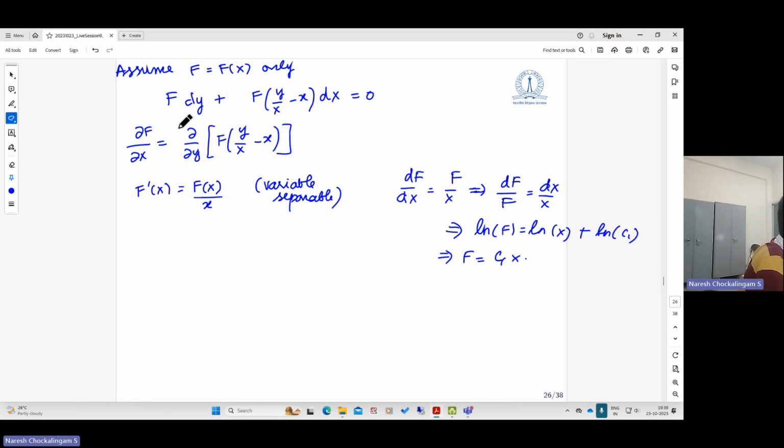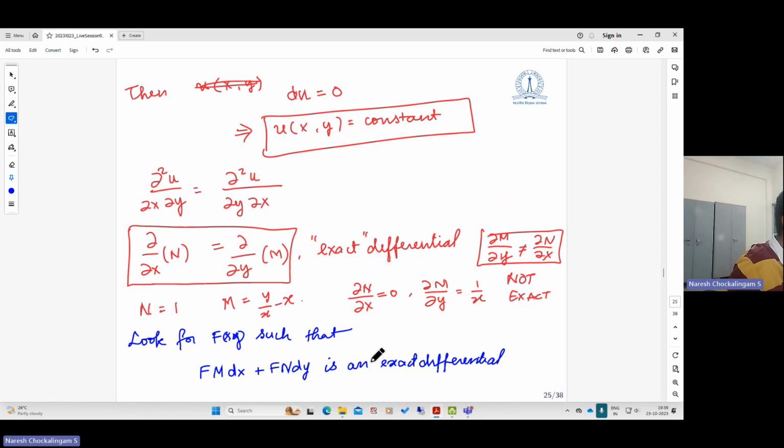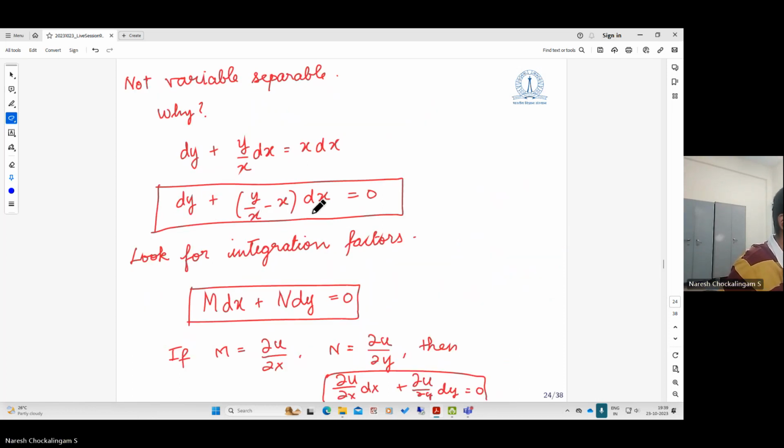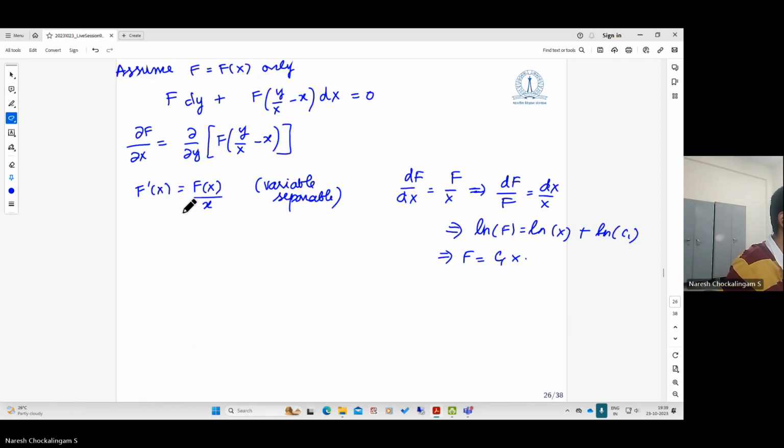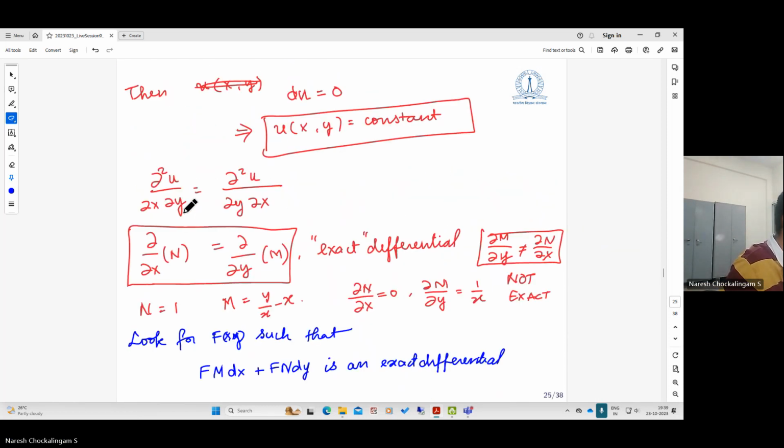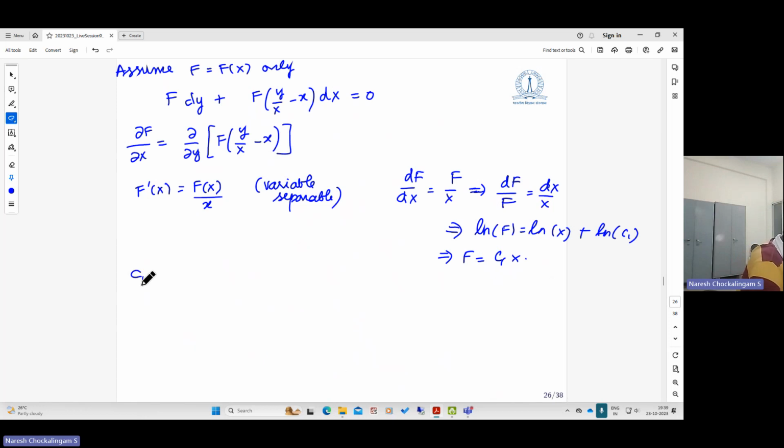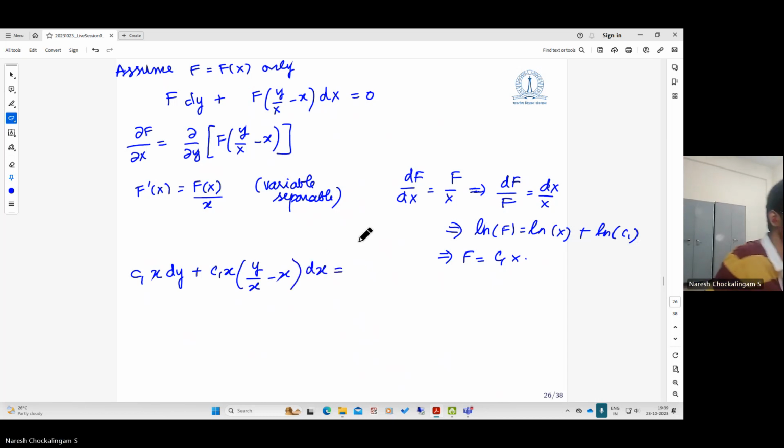Now multiply the above equation by f. So we have determined what f will make it an exact differential. So multiply this by a constant times x. If you do that, we get a constant times x dy plus the constant times x multiplied by (y by x minus x) dx is equal to 0.